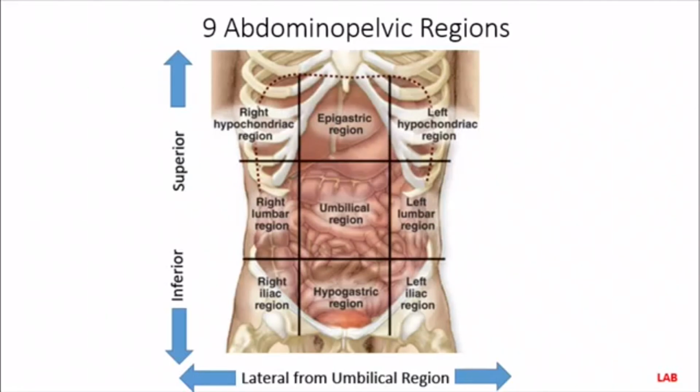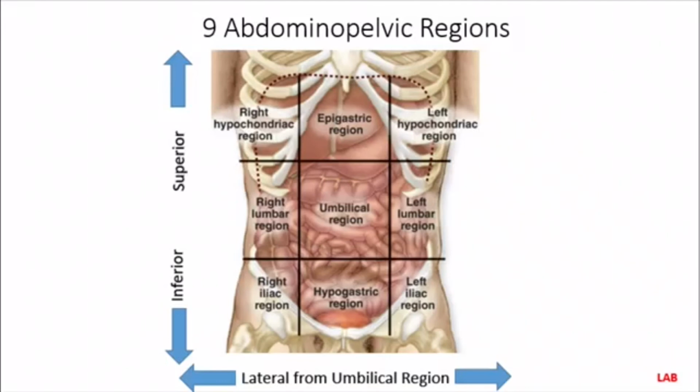Then the hypochondriac, lumbar, and iliac, those are on the lateral sides, and then you just use left and right for anatomical left and right. Right hypochondriac, right lumbar, right iliac, left hypochondriac, left lumbar, left iliac.